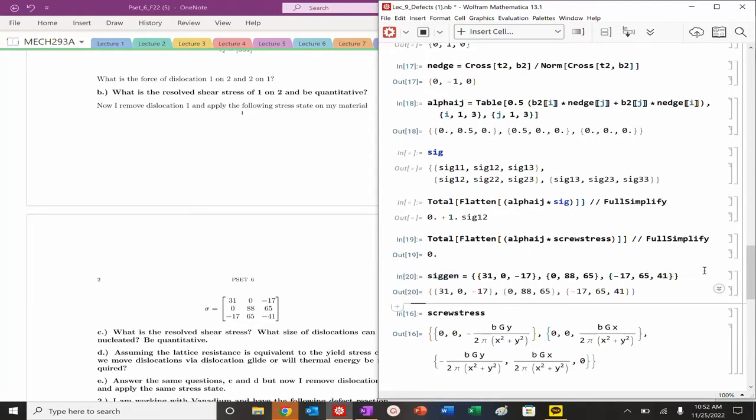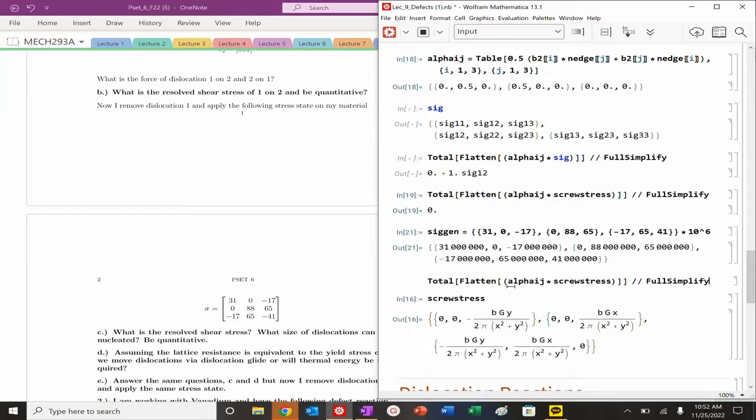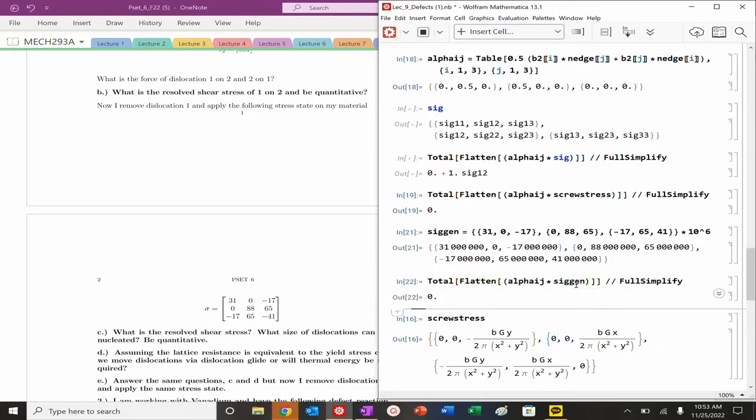And these are all in MPa. So that's my SIGGEN. Now I apply this stress on the material. What is my resolved shear stress? So I can do SIGGEN, and that's also 0.